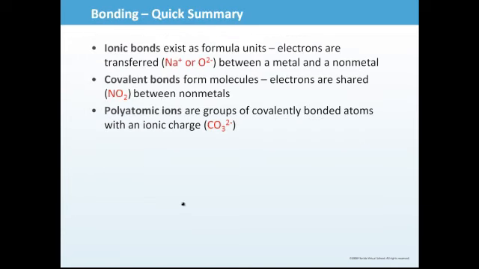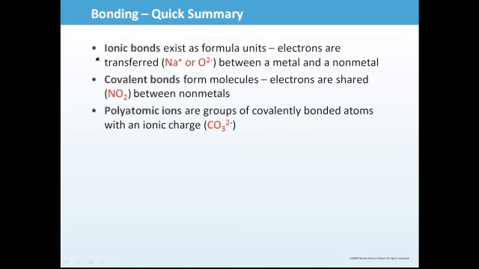All right, so quick summary. Again, ionic bonds exist as formula units, and it's when electrons are transferred from metal to nonmetal, giving you positively and negatively charged ions, and then they have an electrostatic attraction between them. Covalent bonds are going to make molecules, and this happens when nonmetals share their electrons with each other.